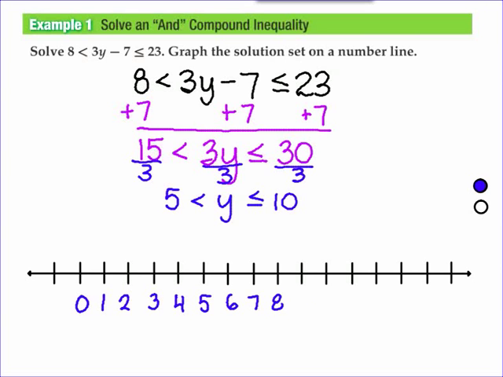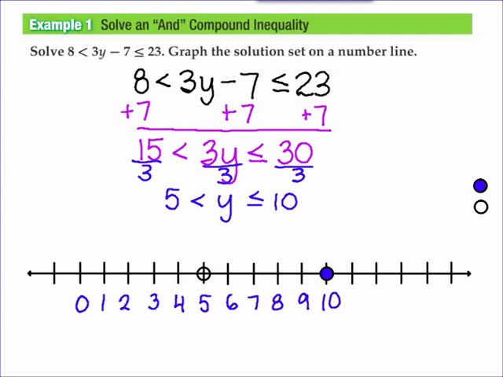Let's see again what that means. It says 5 is less than y. What type of circle should I put on 5? An open. Good, I'm going to put an open circle there because it is not equal to. What type of circle am I going to put on 10? Closed.